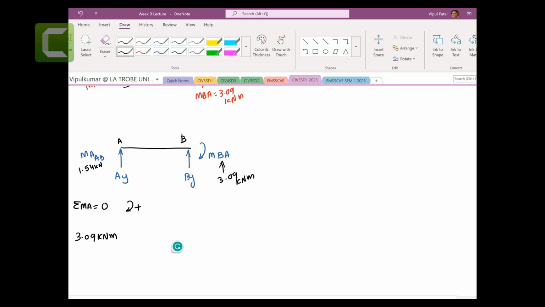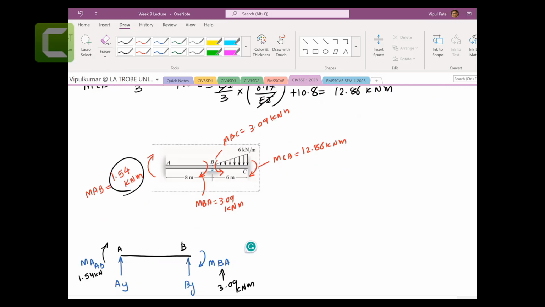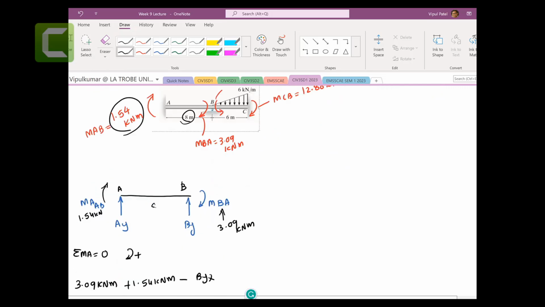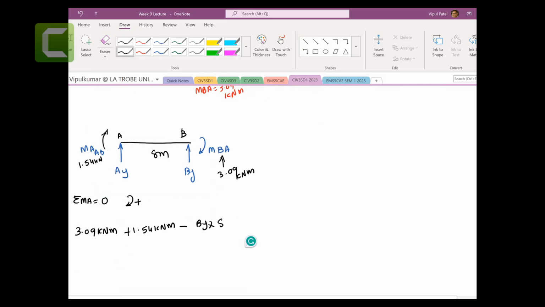This one is also clockwise, 1.54 kilonewton meters, and this one creates an anti-clockwise moment. So BY times this length, which is 8 meters, so BY times 8 meters equals 0.